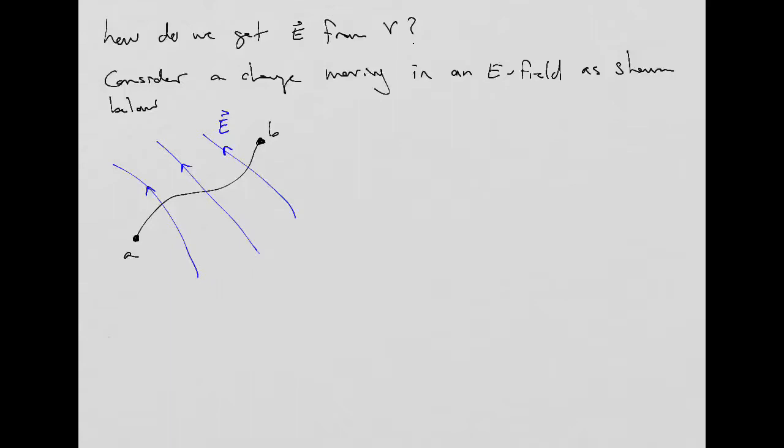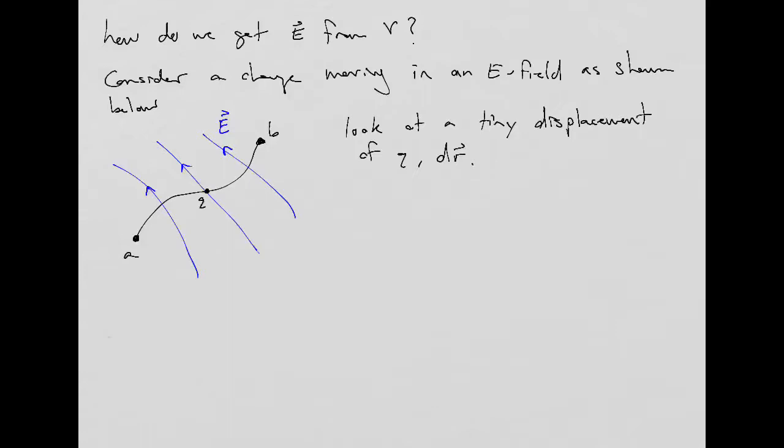Okay. What we're going to do is look at a tiny displacement of Q, and we're going to call that displacement dr. So we're going to zoom in at a little point here.